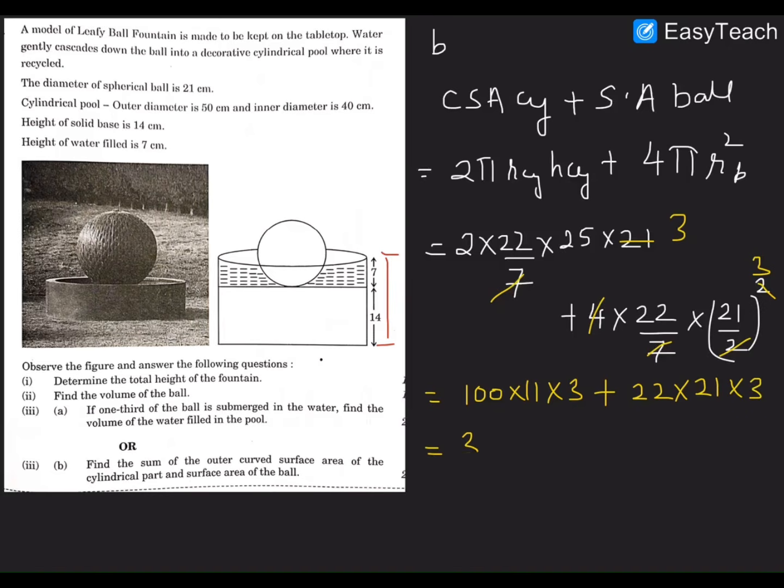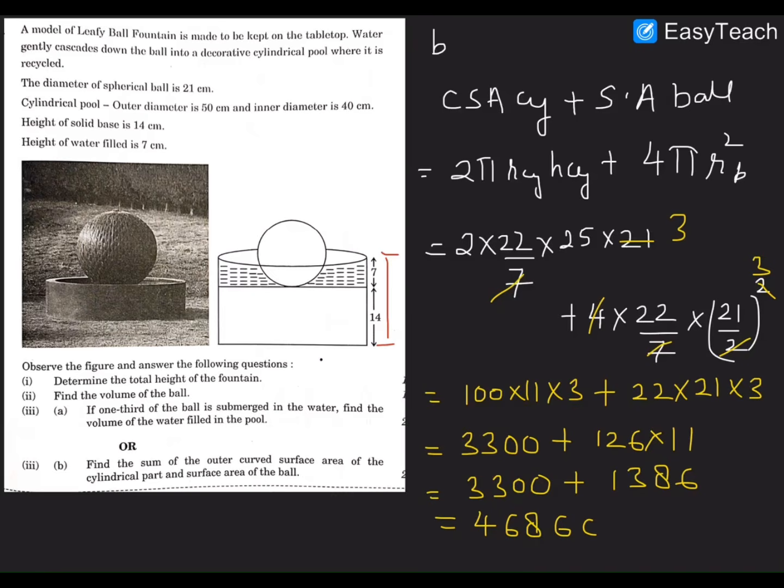This gives you 3300 plus 126 into 11, which comes out to be 3300 plus 1386. Adding both, you will get 4686 centimeter square. So this is the surface area of the ball plus the cylinder.